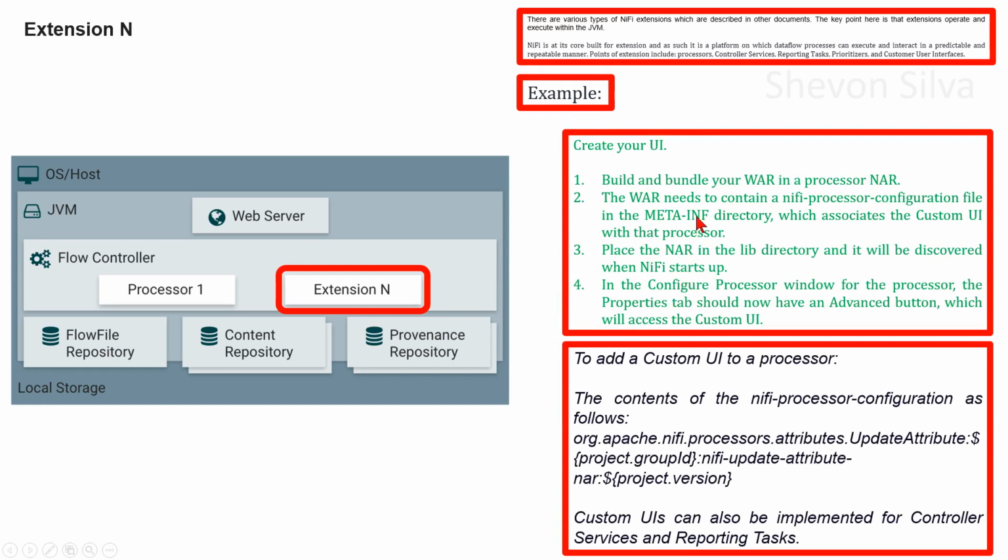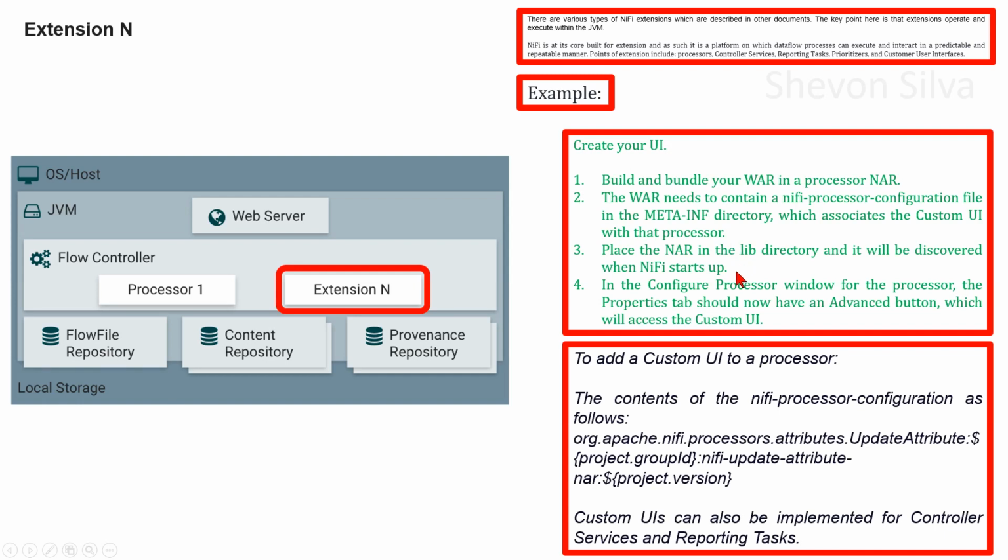As an example, we can consider this: Step 1, create your UI, build and bundle the WAR in your processor NAR. Step 2, the WAR needs to contain a NiFi processor configuration file in the META-INF directory which associates the custom UI with that processor.